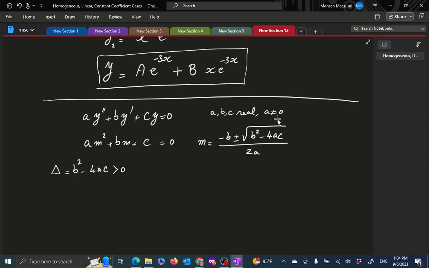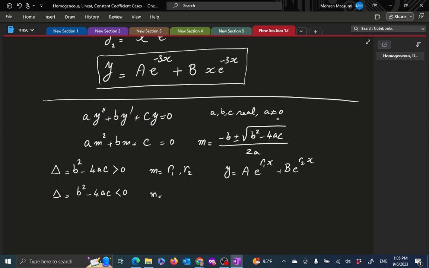If delta is positive, your roots are going to be all real, a root number 1 and a root number 2, and your solution is going to be a exponential of root number 1 x plus b exponential of root number 2 x. If delta is negative, in that case your roots are going to be two complex conjugate numbers.